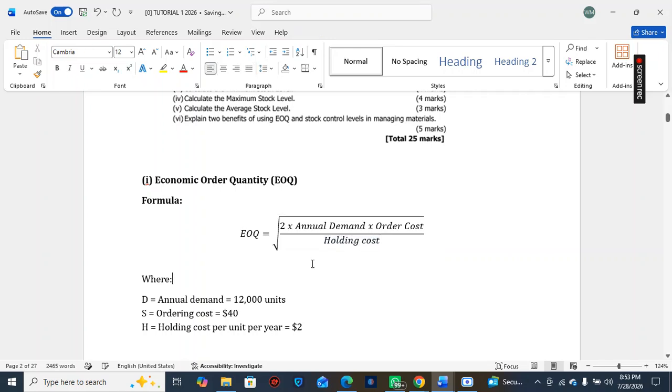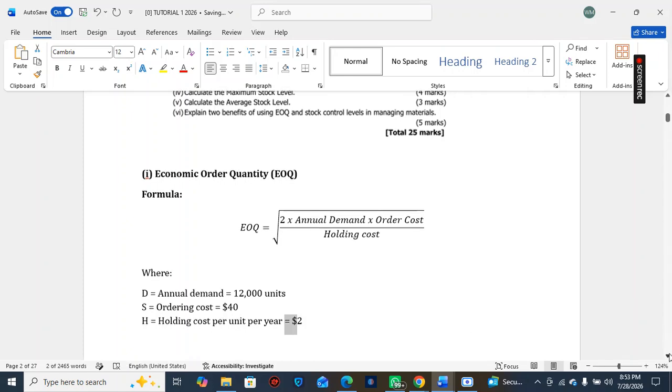Okay. So we already have our values. Annual demand 12,000 units, ordering cost $40, holding cost $2. So this is how we do it.